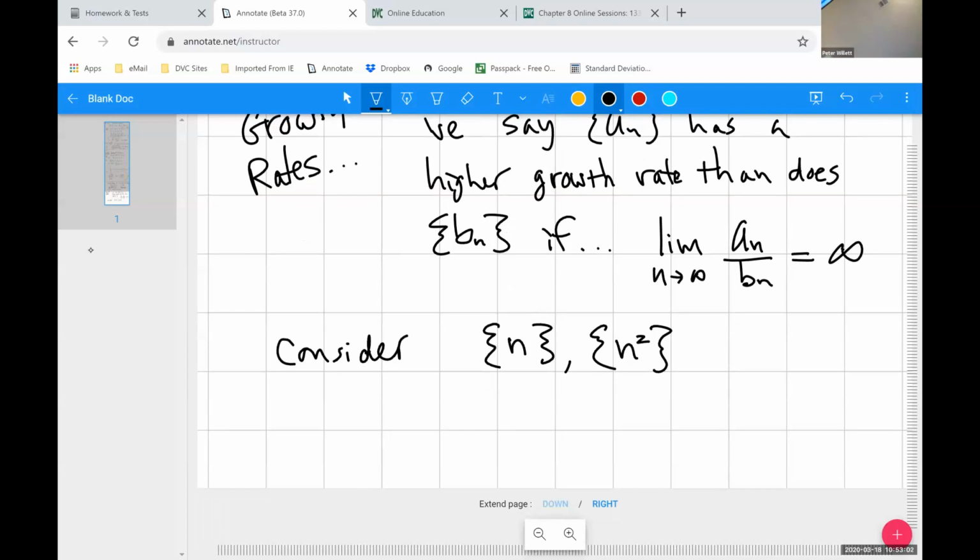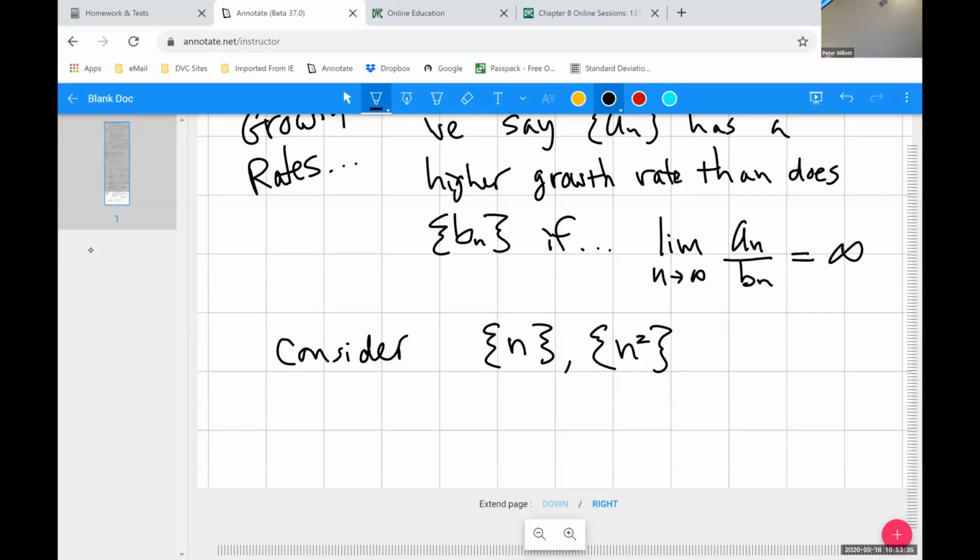If I'm thinking about these as sequences, this is obviously as n goes from 1 to infinity. The numbers in the n squared sequence are getting bigger faster than the numbers in the n sequence because they're squared. So instead of 1, 2, 3, 4, 5, I have 1, 4, 9, 16, 25. The question is, do these larger values increase in such a way that we would say it has a higher growth rate?